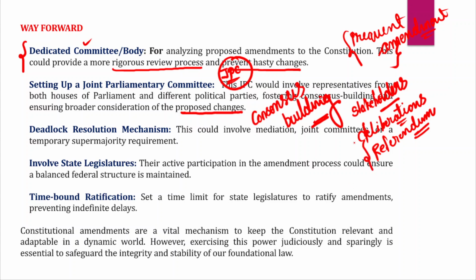So in order to overcome this criticism, there is a need for consensus building when the parliament amends the Indian constitution, and that could be achieved through a joint parliamentary committee. This committee should consist of members of parliament, along with the political parties as well.